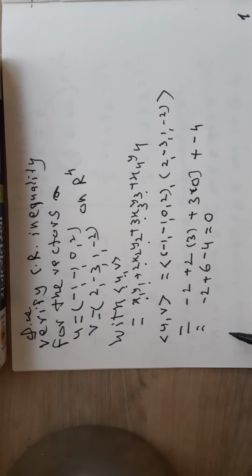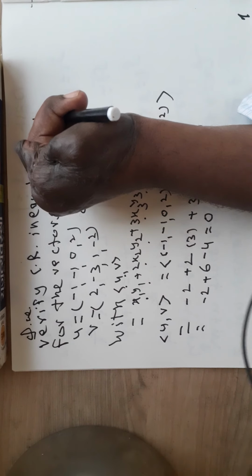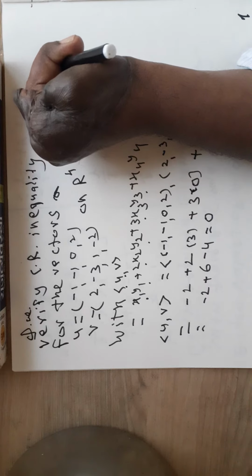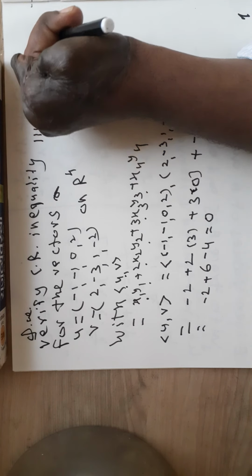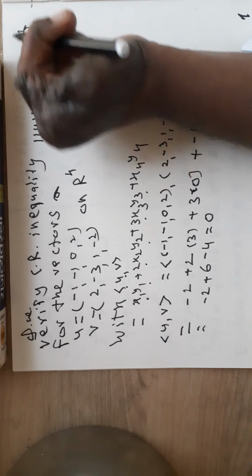Now the norm of u is equal to the inner product of u with u raised to the power half, or square root, which is the same thing.